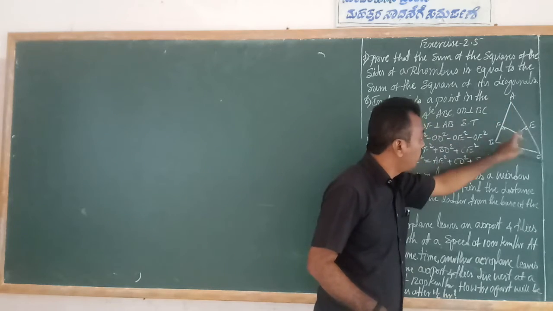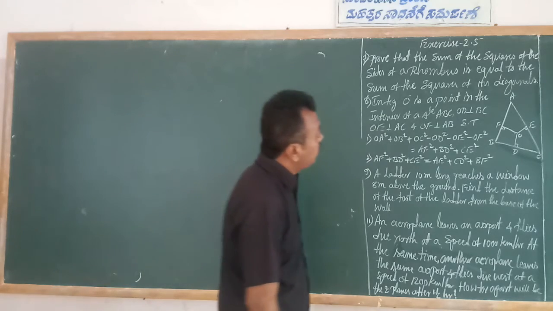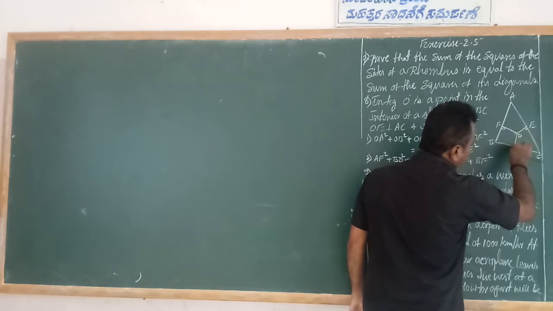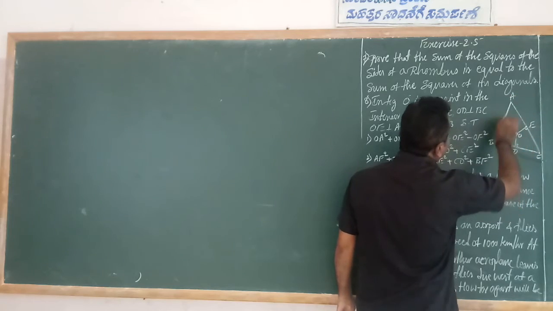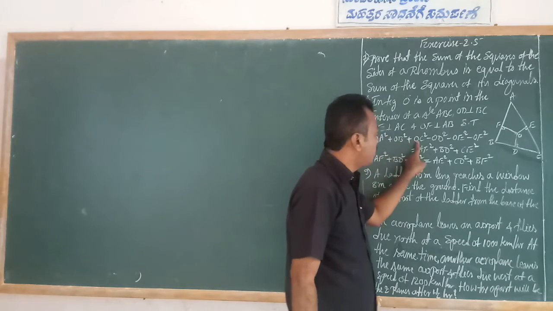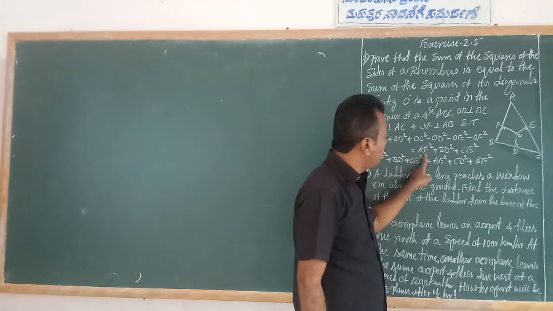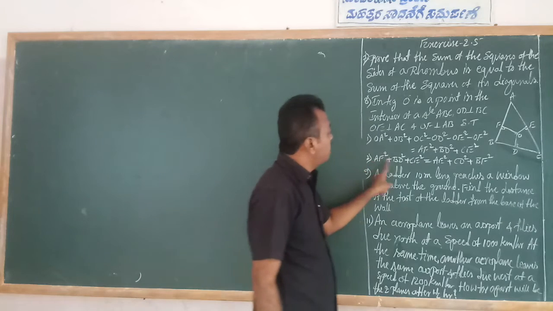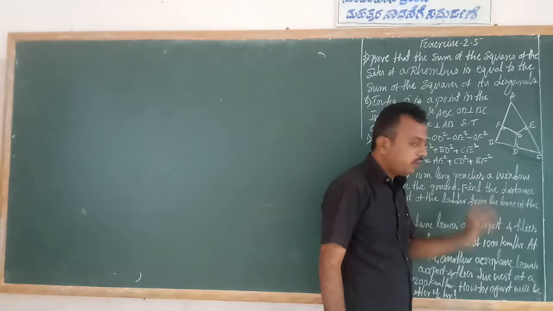OD is perpendicular to BC, that means it becomes 90 degrees. OD is perpendicular to BC, OE is perpendicular to AC, and OF is perpendicular to AB. Show that OA square plus OB square plus OC square minus OD square minus OE square minus OF square is equal to AF square plus BD square plus CE square. Next, AF square plus BD square plus CE square is equal to AE square plus CD square plus BF square.